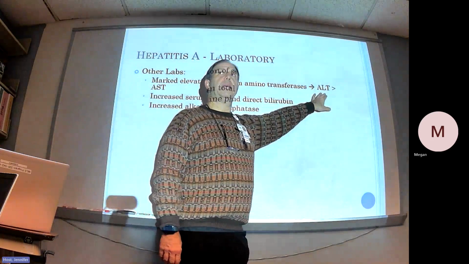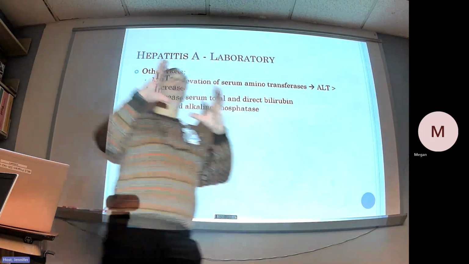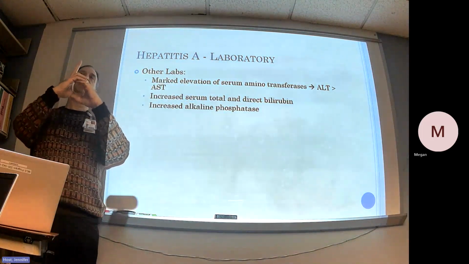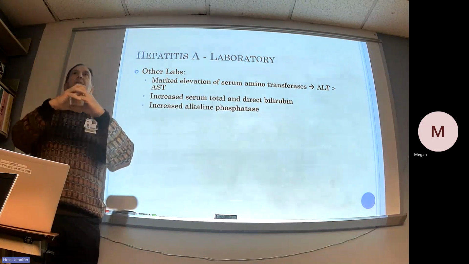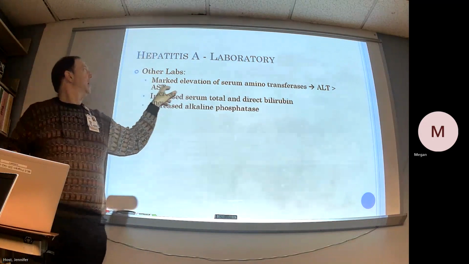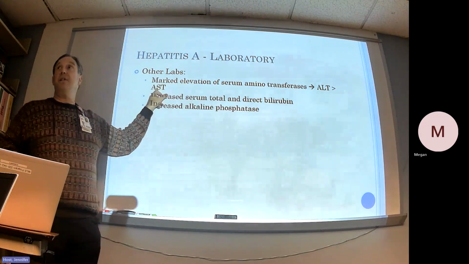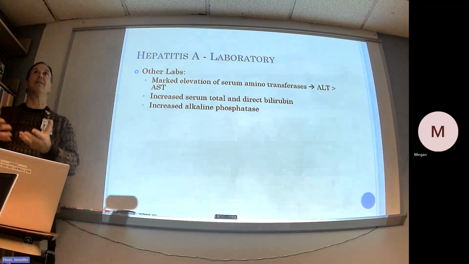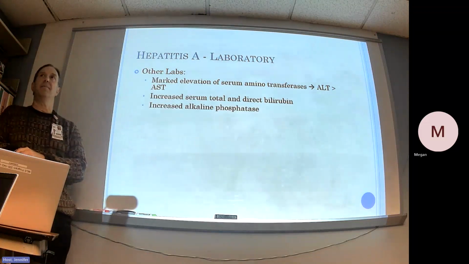ALT is really big in the cytoplasm. So if you have a cell that kind of dies on itself, like so, it'll leave mostly cytoplasmic ALT. But if you have a cell that totally blows up, then you'll have both. And usually AST is really high. So if you have necrosis of the liver, ischemia of the liver, AST is way above ALT.